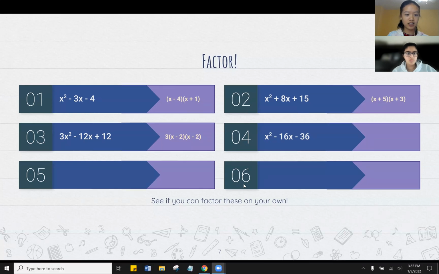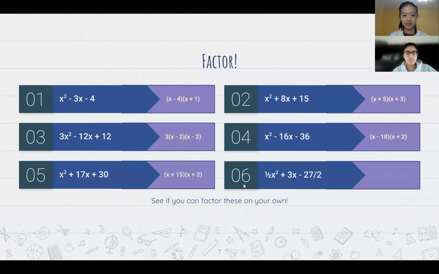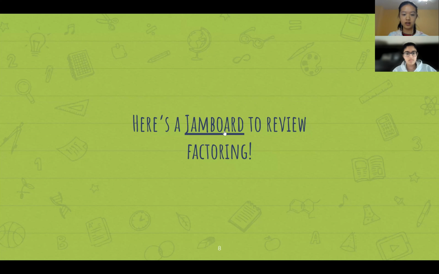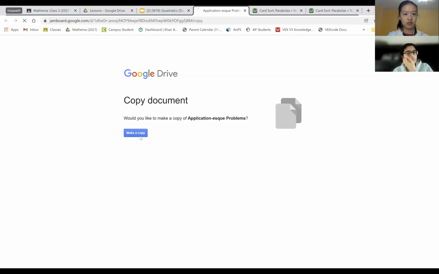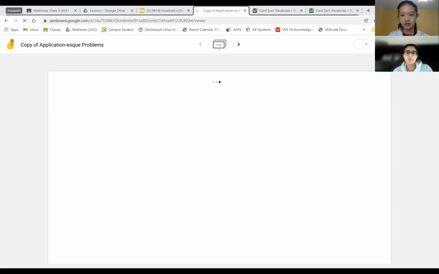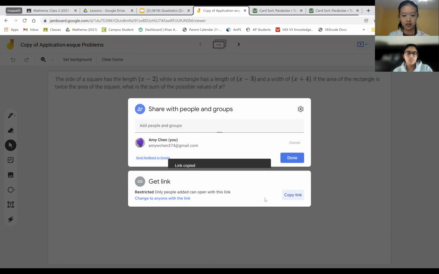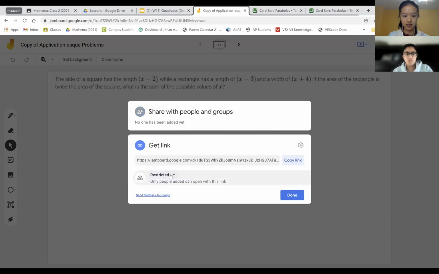Application problem now, I guess. Okay, got it. All right, so this is a Jamboard, and I'll let you guys access it.